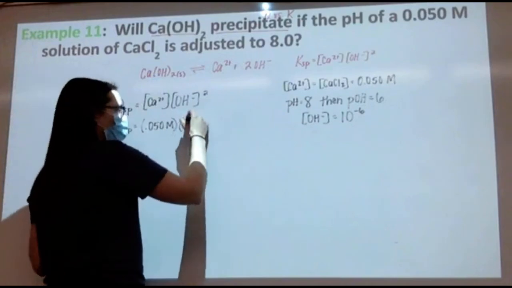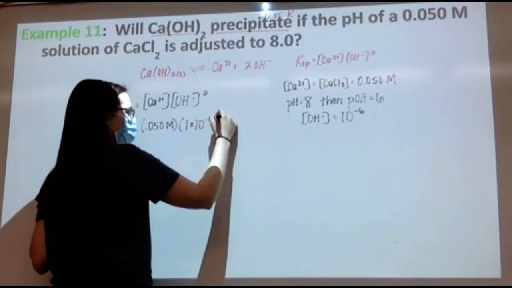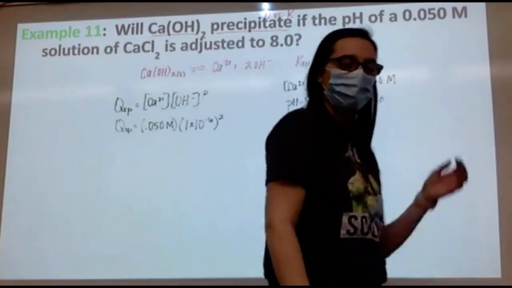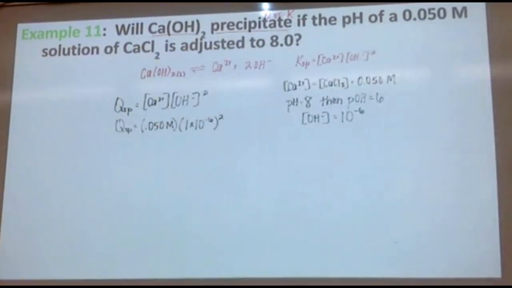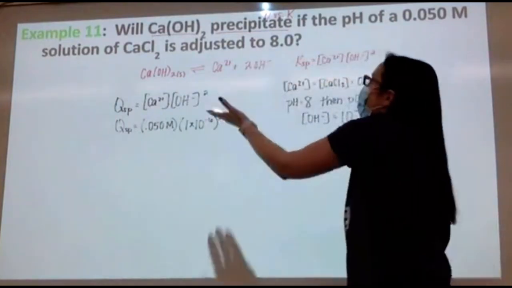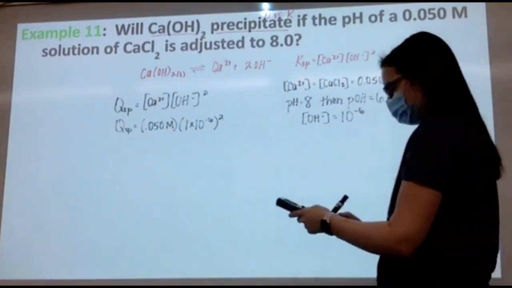So my OH- concentration, 10 to the negative 6, this is 1 times 10 to the negative 6, and that is squared. People say, well, why do you use the Ksp if it's not at equilibrium? Well, the Qsp expression is the same as the Ksp expression. But instead of solving for K, we're solving for Q. We're figuring out, are we at equilibrium?